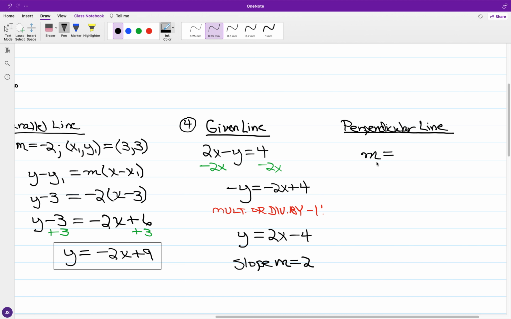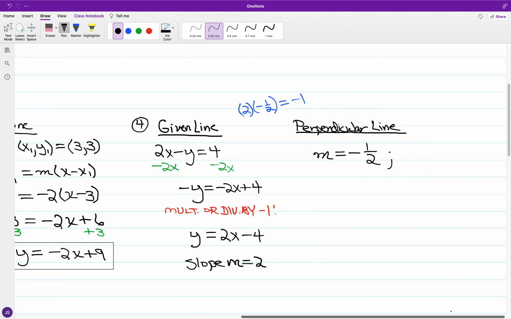So for the perpendicular, I'm going from a positive to a negative reciprocal of 2, which is 1/2. So the slope is equal to negative 1/2. And again, the product of the slopes of perpendicular lines will always be negative 1. And the point through which the perpendicular line passes will be 2, 7.